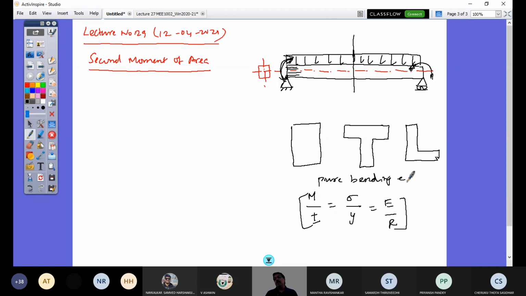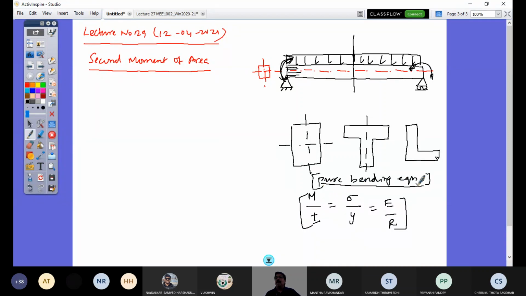There are some assumptions in the theory of pure bending that we will study in detail. I am not going into more detail now on how to derive this. Instead, I am just putting this now for your understanding of what is called the pure bending equation.